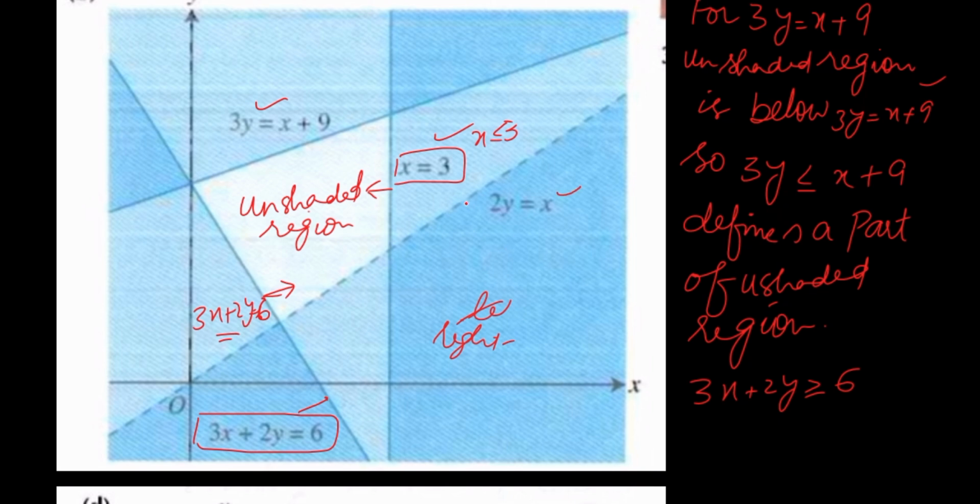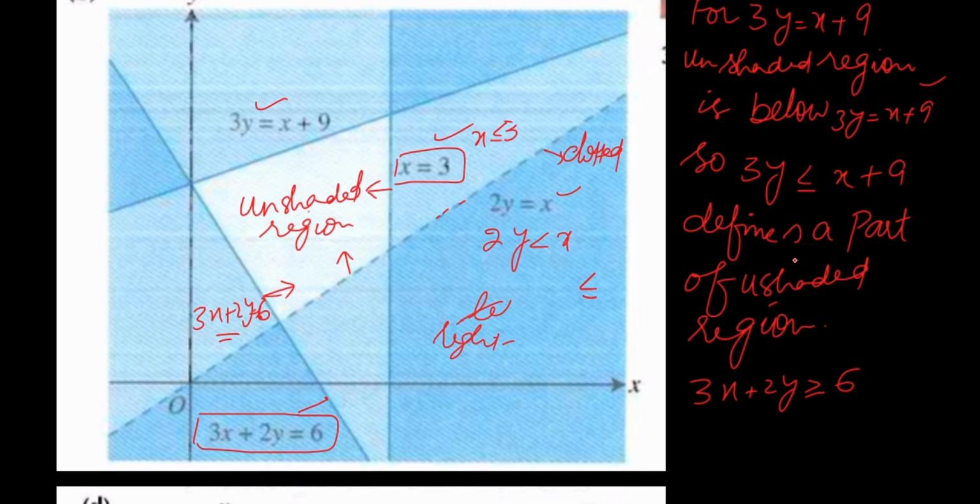This is a dotted line. As the unshaded region is above this line, the associated inequality is 2y less than x. We will not use the less than or equal sign here, because at this time the line is dotted. This is not a solid line here.